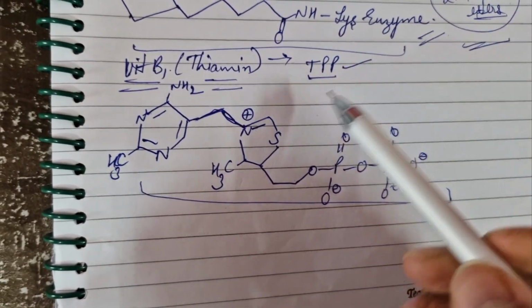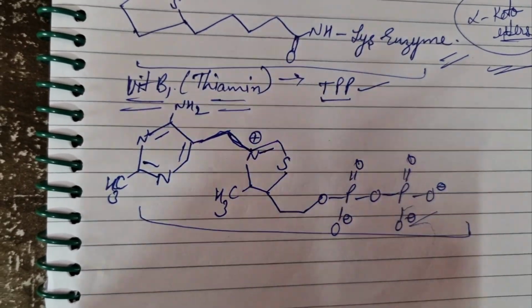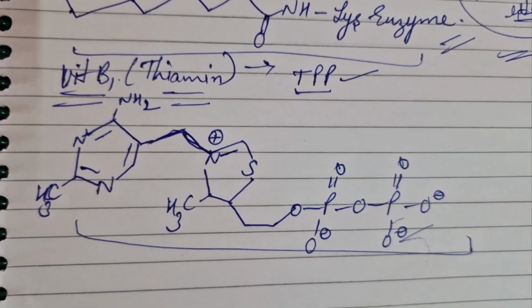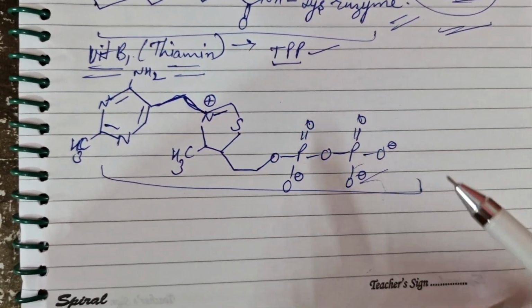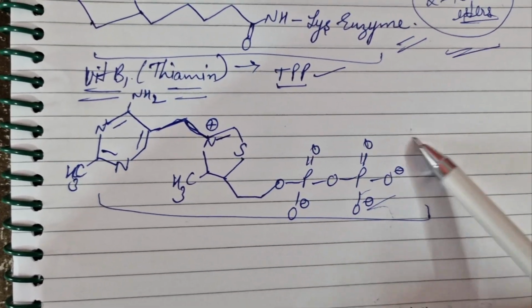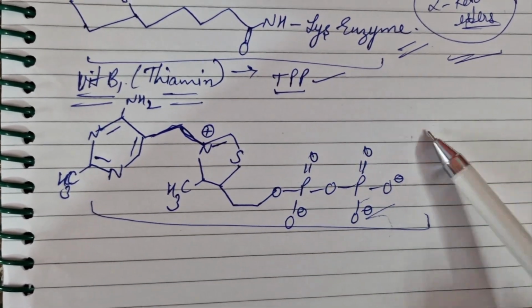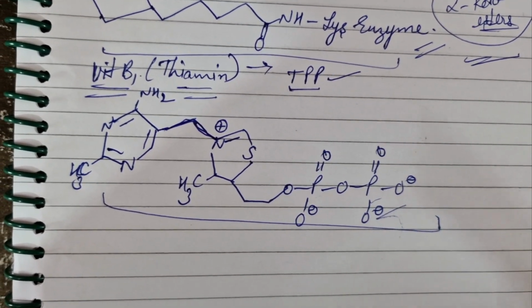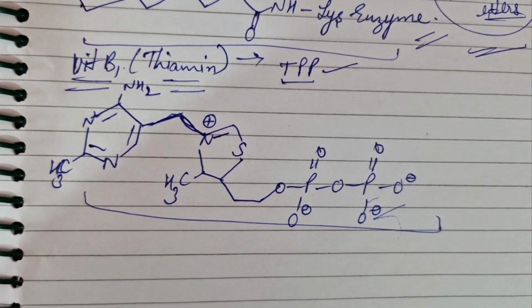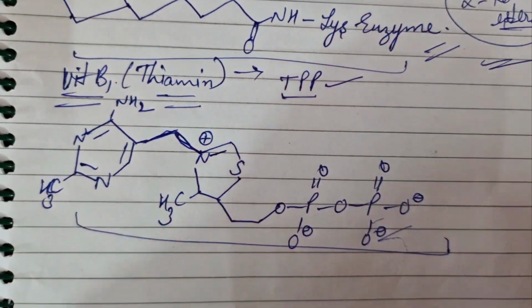This is the structure of thiamine pyrophosphate. This is an important coenzyme in energy extraction and in catabolism of sugar and amino acid.